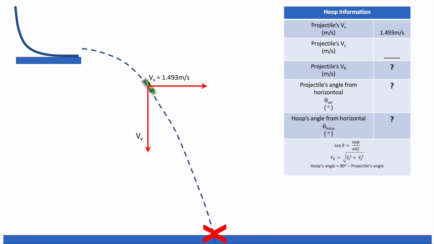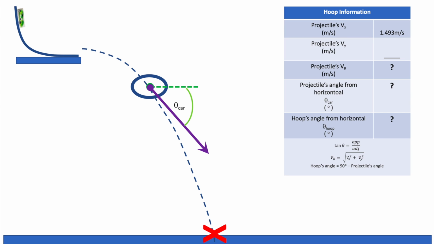Then tell me what is the vertical velocity of the car when it's halfway through its flight, when it's passing through the hoop, what is the resulting velocity, what is the angle of the car as it's passing through the hoop, and what angle must we place the hoop to give it the best chances to pass through that ring.